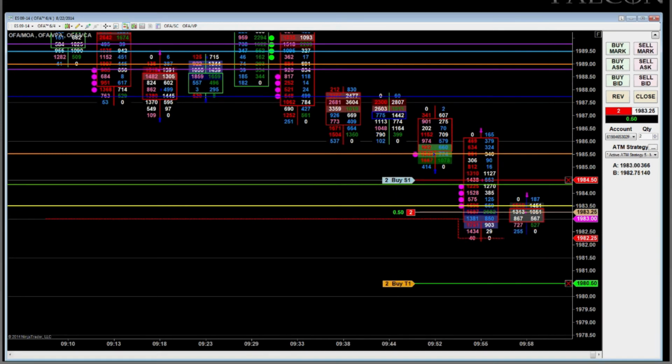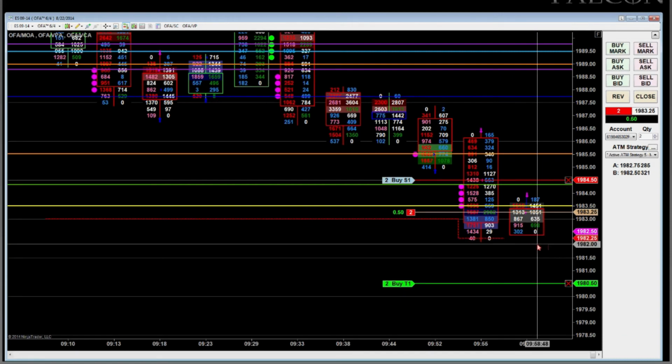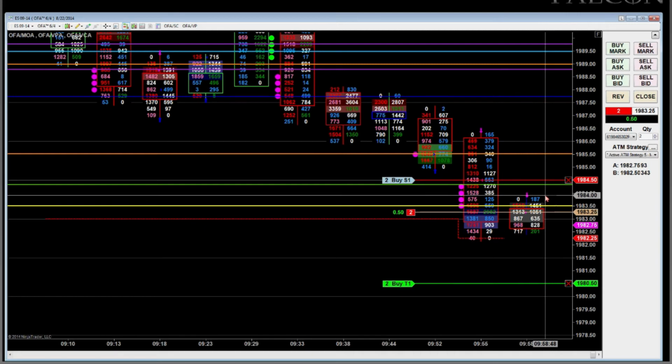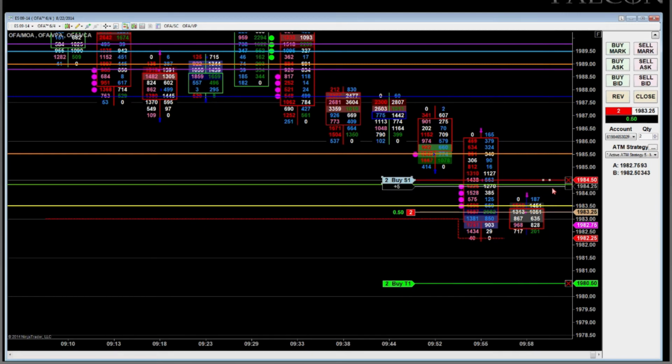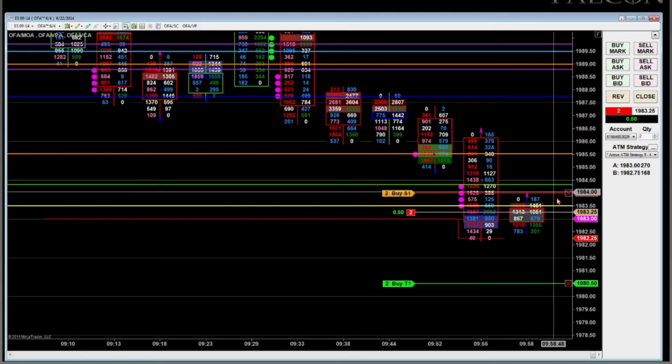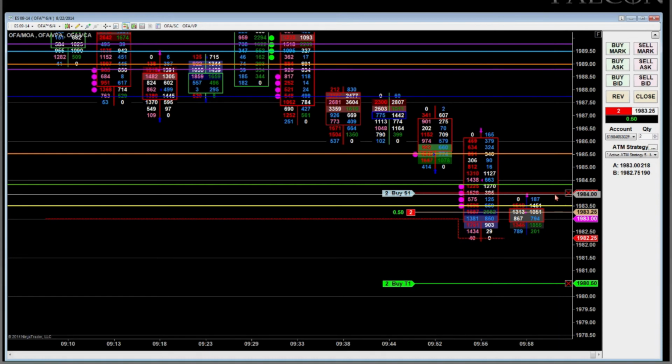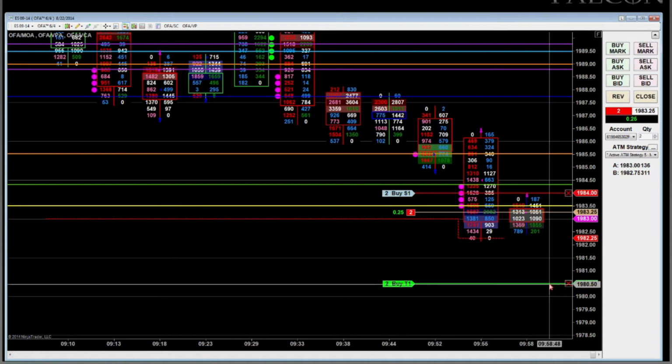And now I start to look for my longer profile, and I look for a target. I got a low volume area down around 80. If this bounces off of 82 and can't get through 82 and moves back up above that low volume area, then this trade is toast. But I have another low volume area around 80.